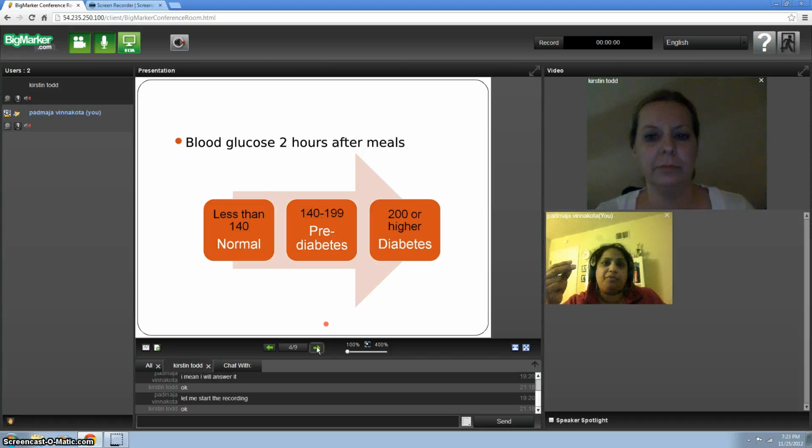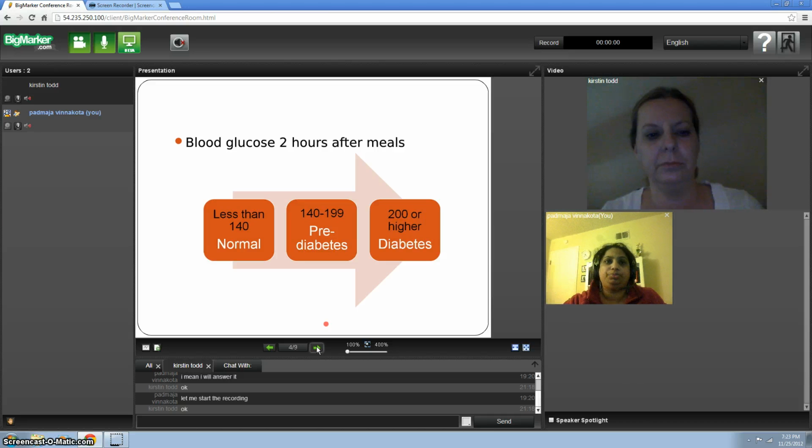For a pre-diabetic, it is usually between 140 and 199, and for a diabetic, it's usually 200 or above. Now, these numbers are just indicative. It's basically your doctor and you who decide which category you come into, depending on various other factors that also influence a person to be diabetic.